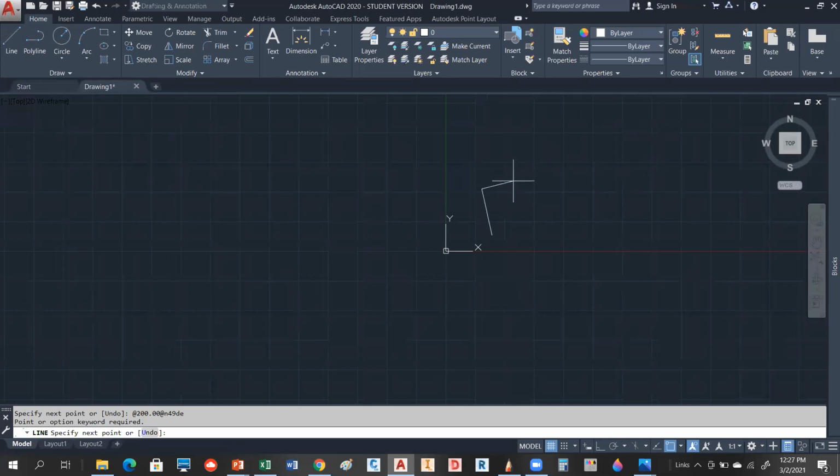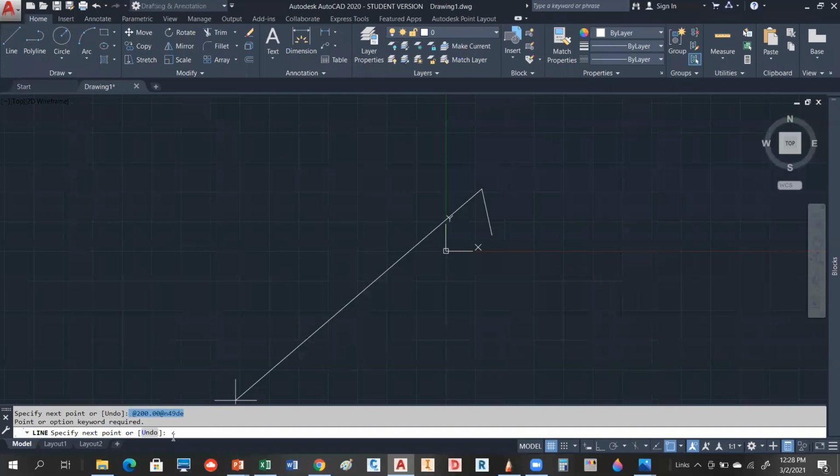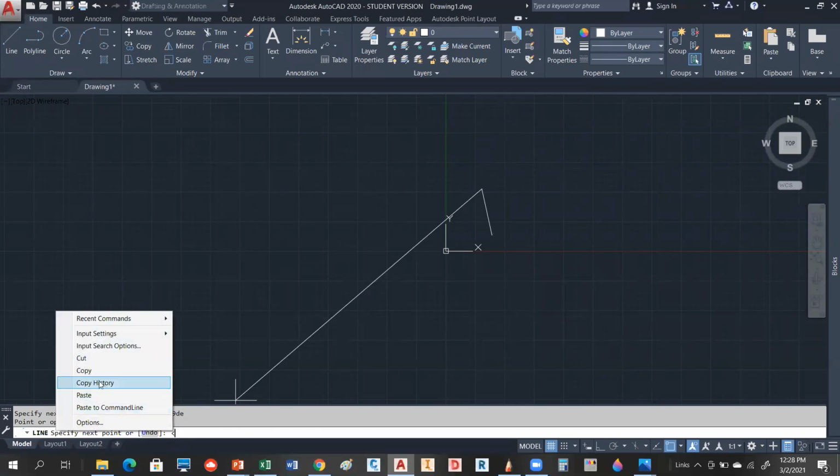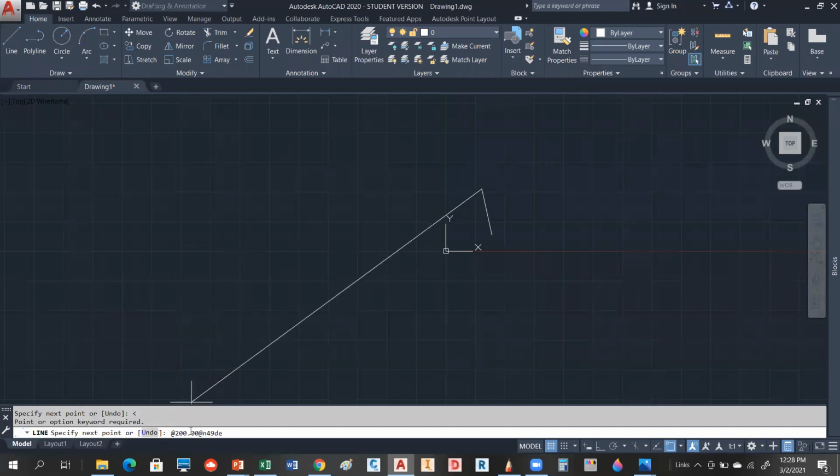Whoops, I did that wrong. I don't know if you guys noticed, but I put the at symbol twice. I should add the less than symbol. You're going to have that same problem if you're not careful when you key it in AutoCAD. It can be a pain. Let's see if I can paste that and put that. So there, it shot it out.